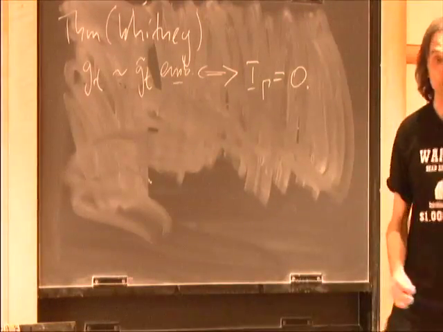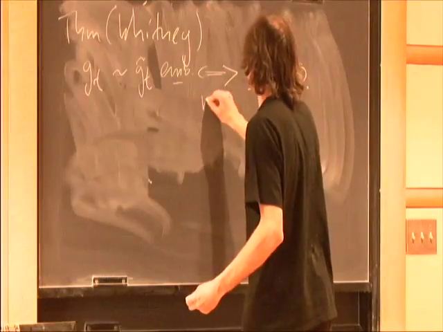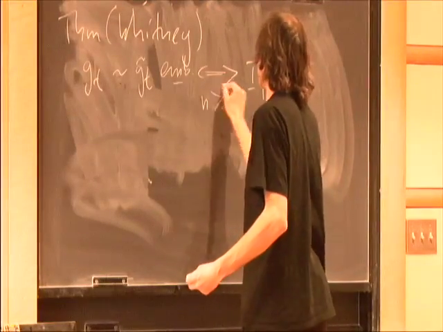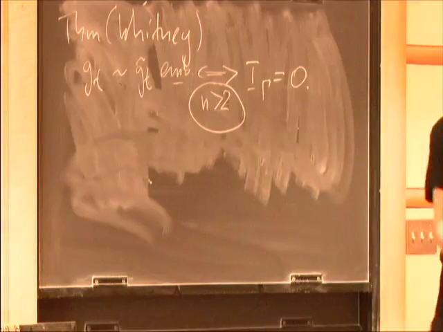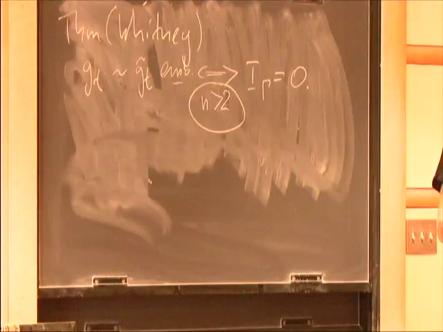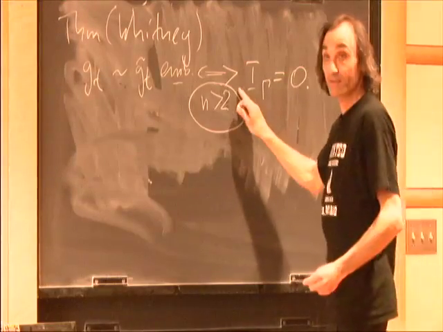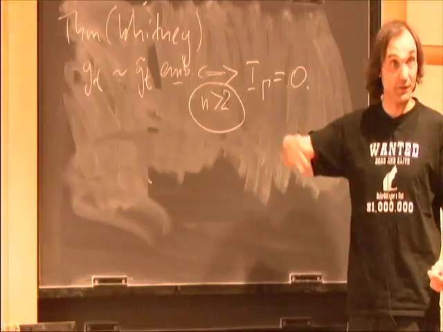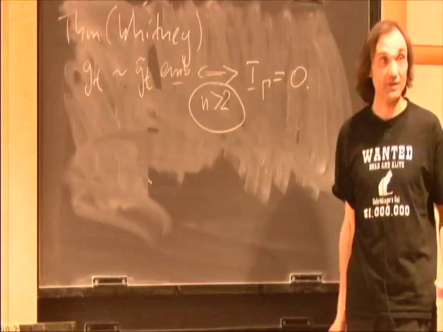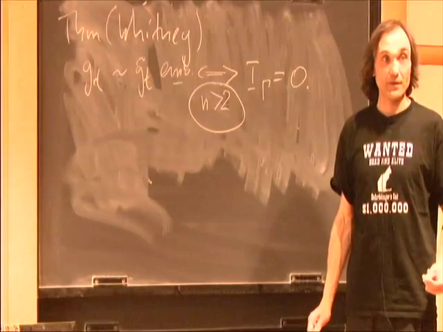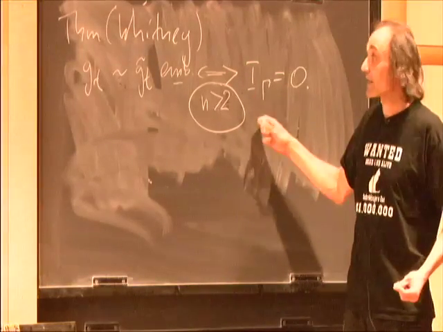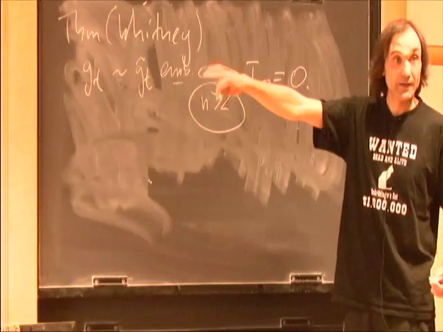And this if and only if is true for n bigger than 2. It is wrong for n equals 2, because the proof of this is based on the Whitney trick, finding a Whitney disk, and for that you need high dimension. And using this fact, you can then kill the obstruction.